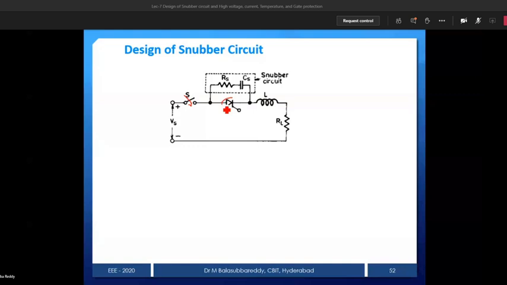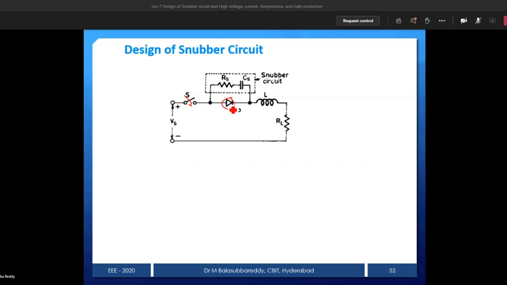When will the thyristor turn on? The thyristor will turn on only if you pass the gate signal and it is in forward bias condition. But when the switch is closed, the thyristor is forward biased but not turned on. It is simply open. Why is it open?